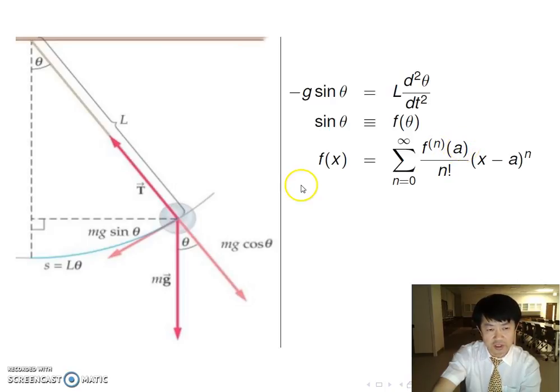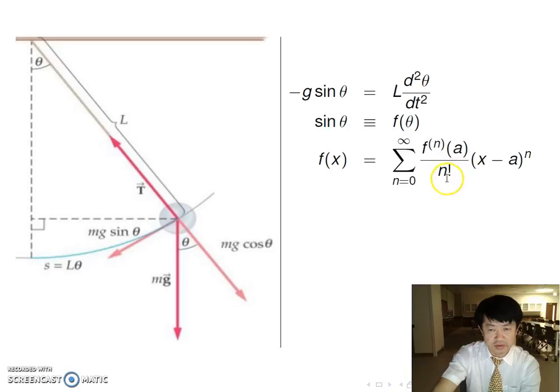In this case, we are interested in small angles. This pendulum experiment is happening with small angle changes. We don't go up high like 90 degrees, just small angles. Which means the value we are interested in is 0.